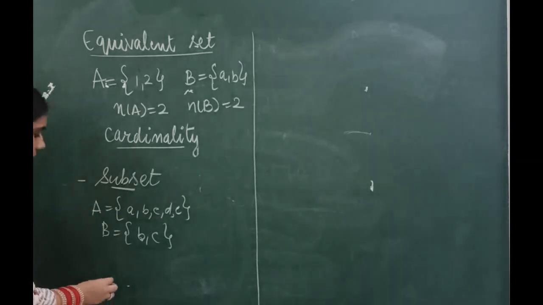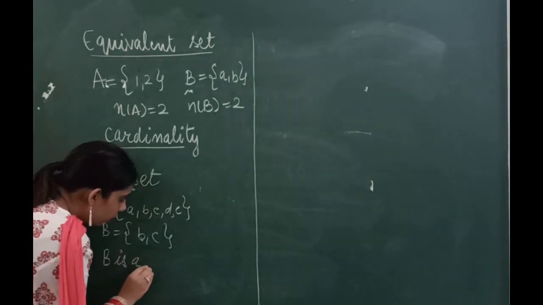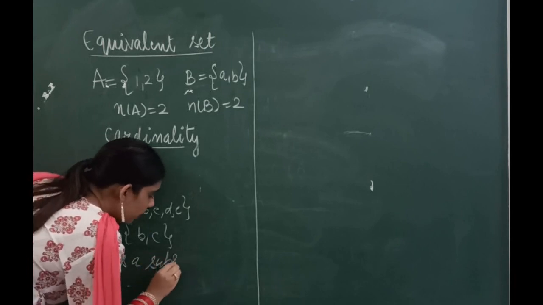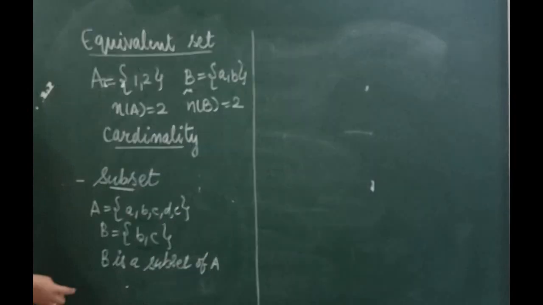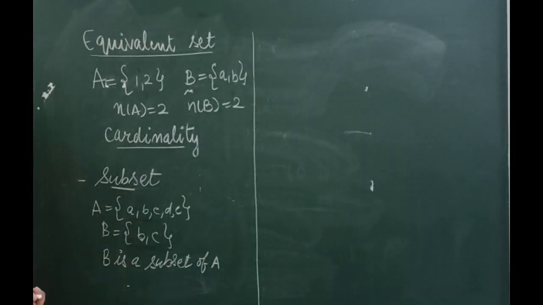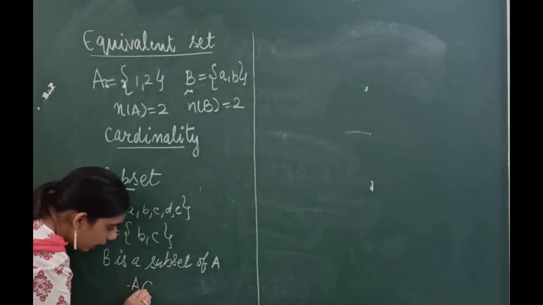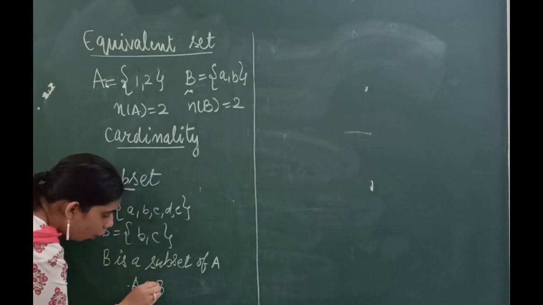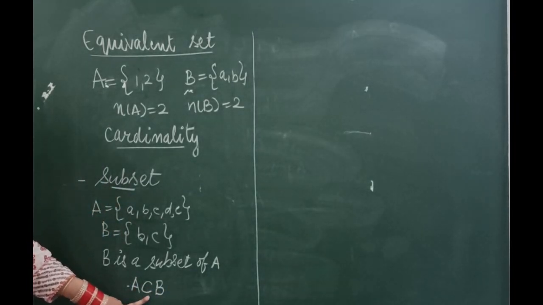So I can write it as B is a subset of A. Or another method to represent it, we can write it as A is a superset of B. So this sign that you are seeing here is the sign of a subset.